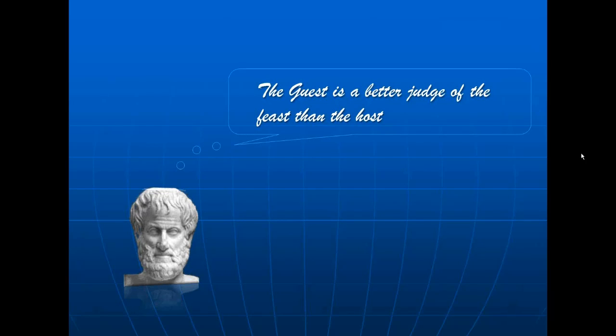We're trying to obtain judgment on our agency from the guests, from the people we serve, from the people that are around us, rather than trying to figure out how we're doing on our own. That's the gist of the 360-degree appraisal system.